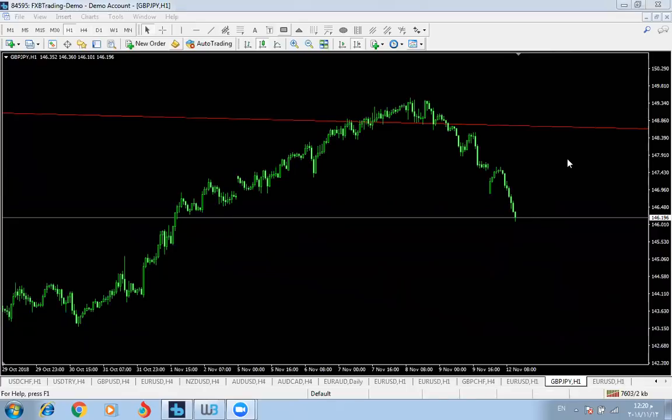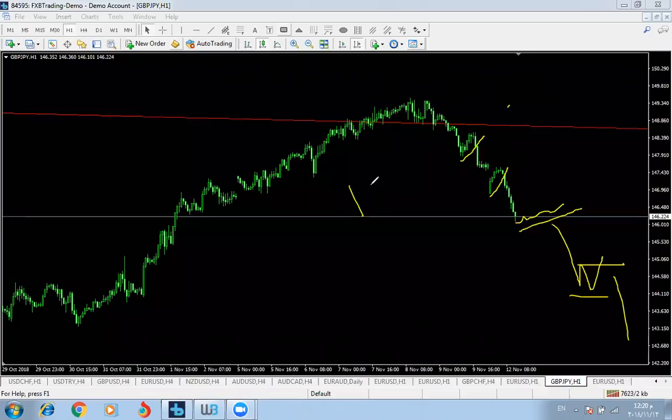As you see, we have very nice entry points right there, and after each correction we can go short to the downside. After each triangle we can go to around 136 area. That's all for today, and good luck for all.